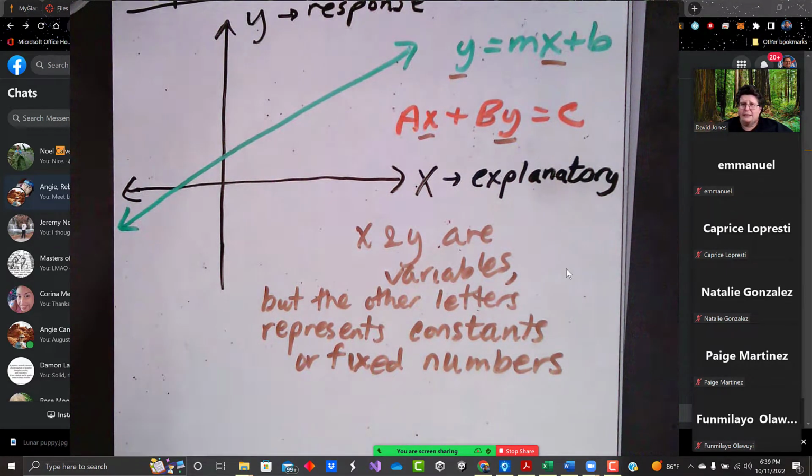Give you a second to write that down. We'll talk some more about y equals mx plus b, and we'll talk about the other one, the standard form.